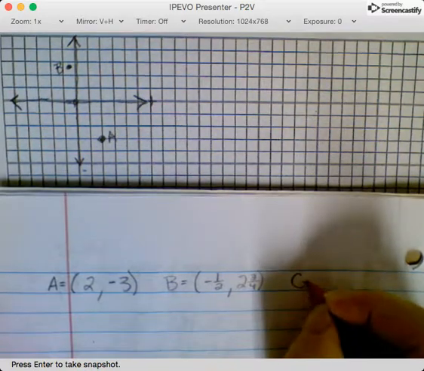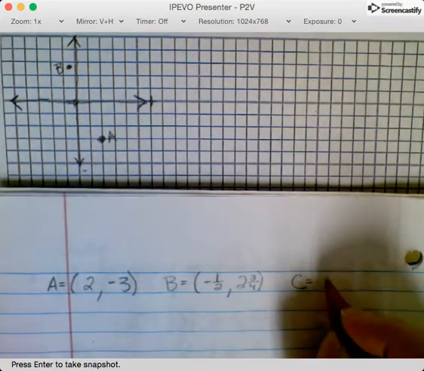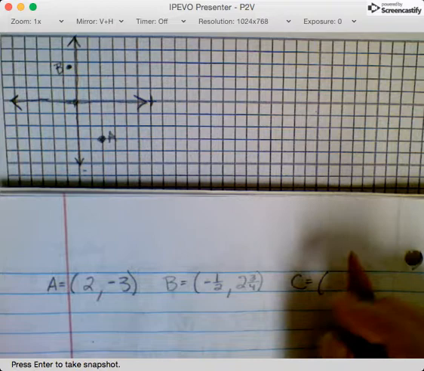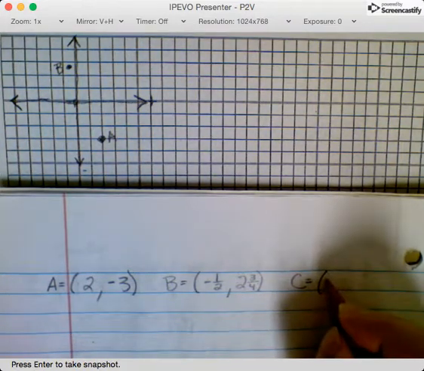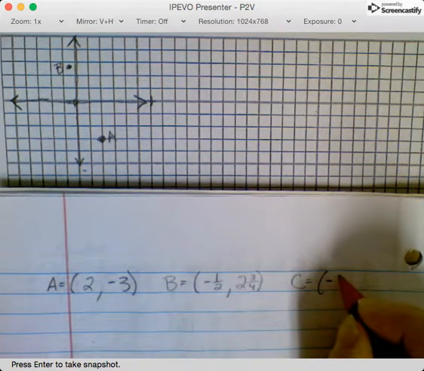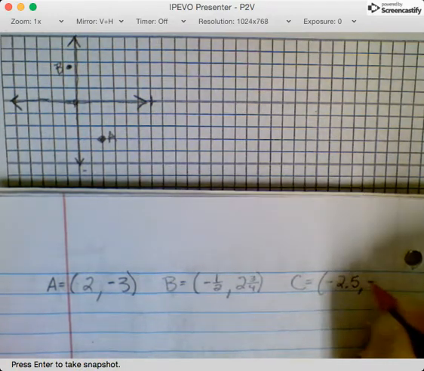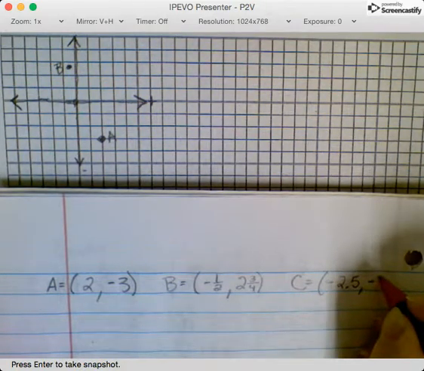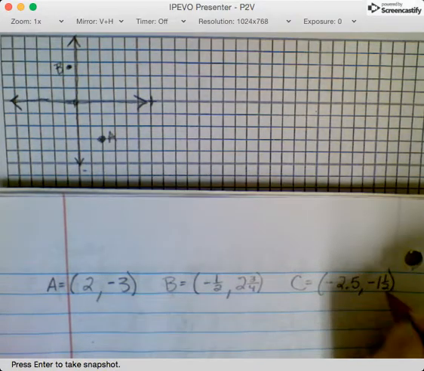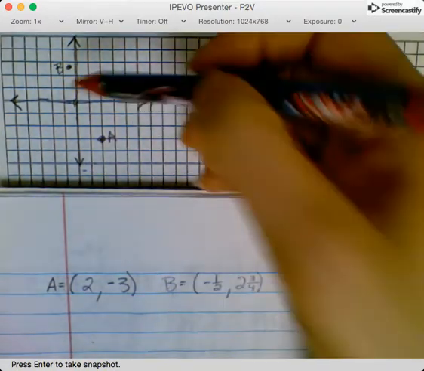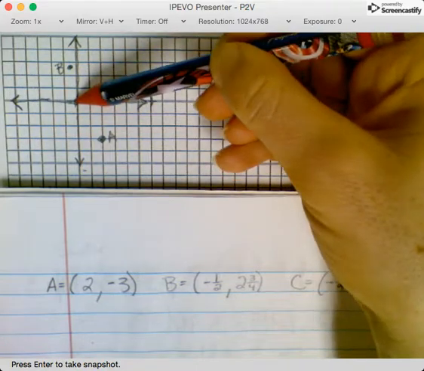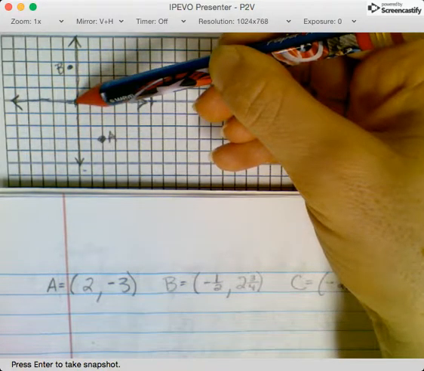Point C will be (-2.5, -1.5). Okay, so negative 2.5, we go first left to right.